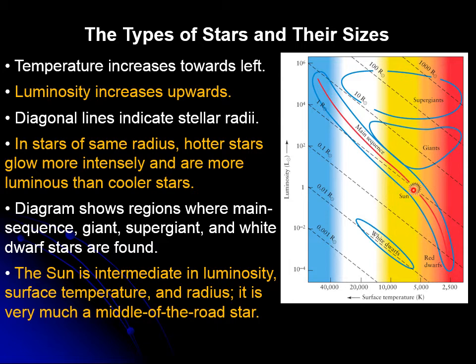So it's an intermediate star in terms of luminosity and temperature. It has to be noted that the temperature runs backwards, not in the usual way, but it goes from right to left. The temperature increases to the left.